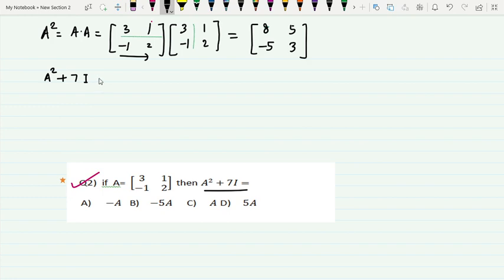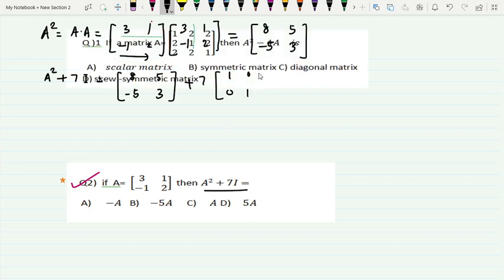I is the identity matrix of order 2. So A square is 8, 5, minus 5, 3.